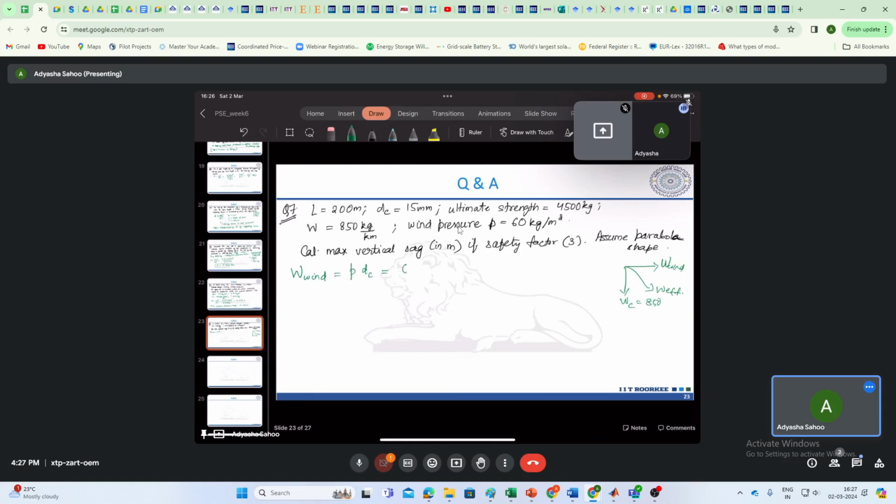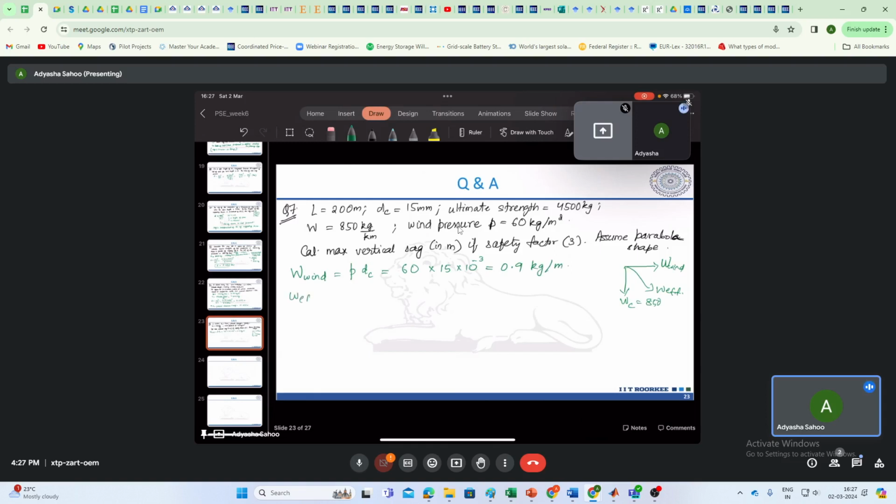When pressure is 60 kg per meter square, and this is 15 mm, so 15 into 10 to the power minus 3, that will come out as 0.9 kg per meter.